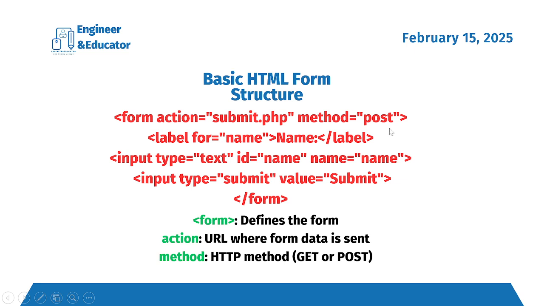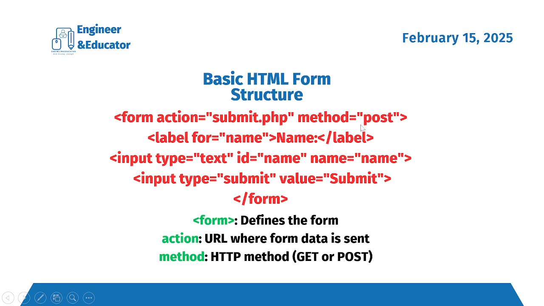For example, if you want to get something, if it was a search tab, we can make a search tab using this, and the method that we would have used here is the get method. Here, what you are doing is submitting the data, so you are adding the data. So the HTTP method that you use for this is post.